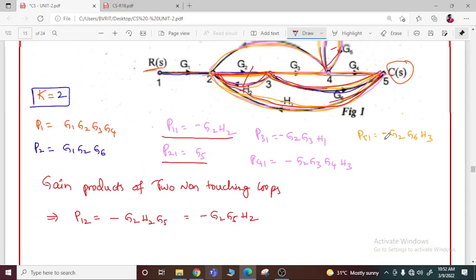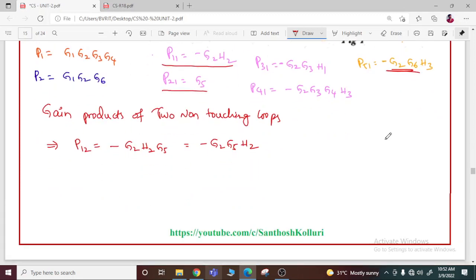And the second non-touching loop is this loop with respect to this second loop, that is P51 into P21. So I am writing here minus G2 G5 G6 into H3. So there are two non-touching loops available.